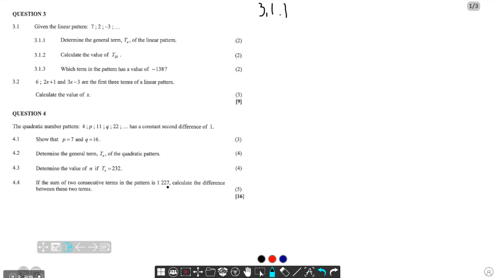Now, question 3, it's talking about linear patterns, ne? And I don't know if you still remember back in grade 10. Back in grade 10, we only did linear patterns, right? And then now in grade 11, there are some things that they've introduced.